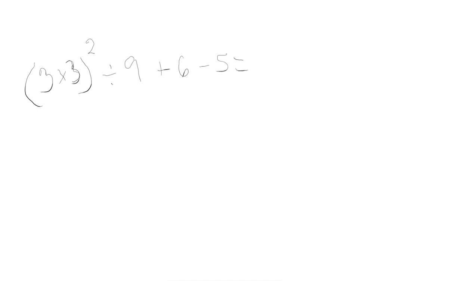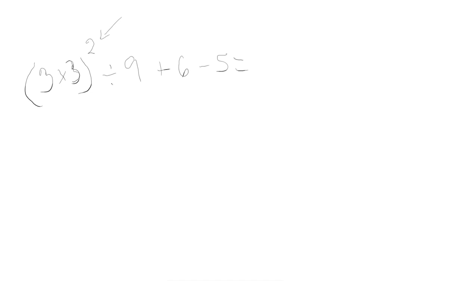Now, this one, we have the exponent here. So you have to remember, you do within the parentheses first, and then you do the exponent. Now, an exponent is whatever is in the parentheses multiplied by itself the same number of times as the exponent.